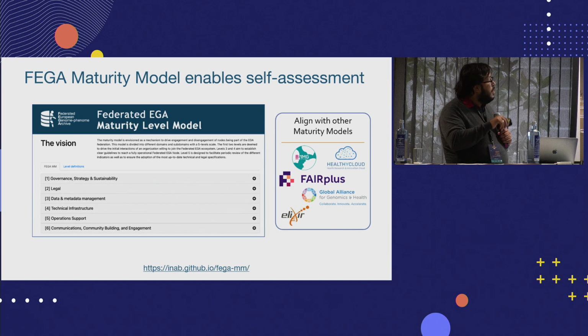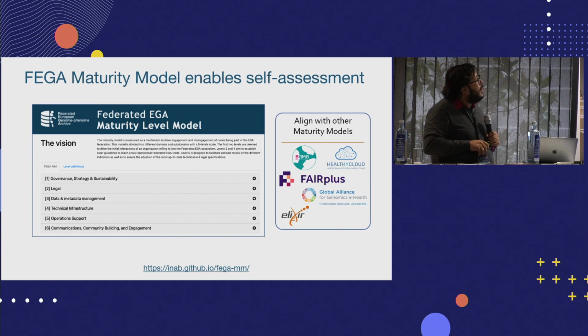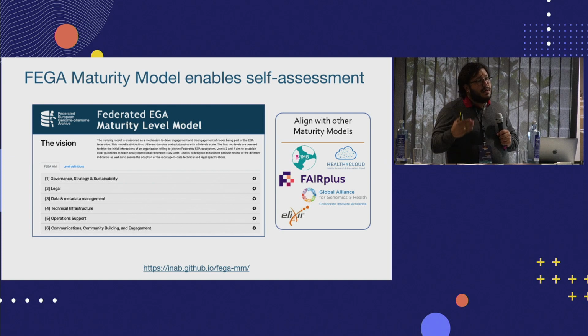As you can see, there are many different aspects. We have up to 42 different indicators associated to all of the different items here. And we don't require, and that is the reason it's a maturity model, to have the highest score. It's not a simple yes or no, but it's a progression for the establishment of the federated EGA.